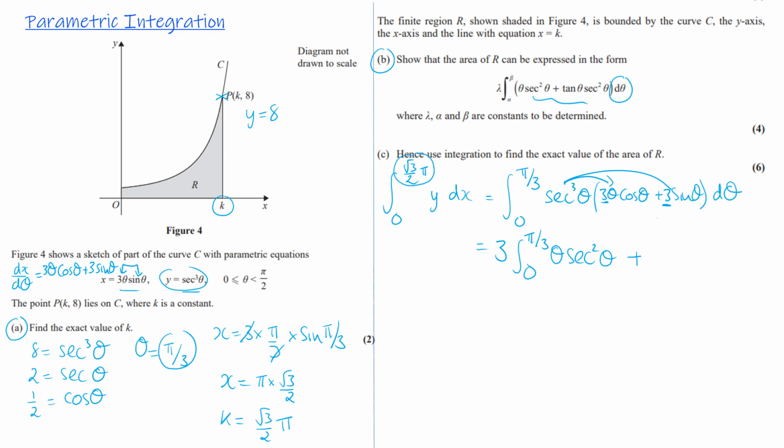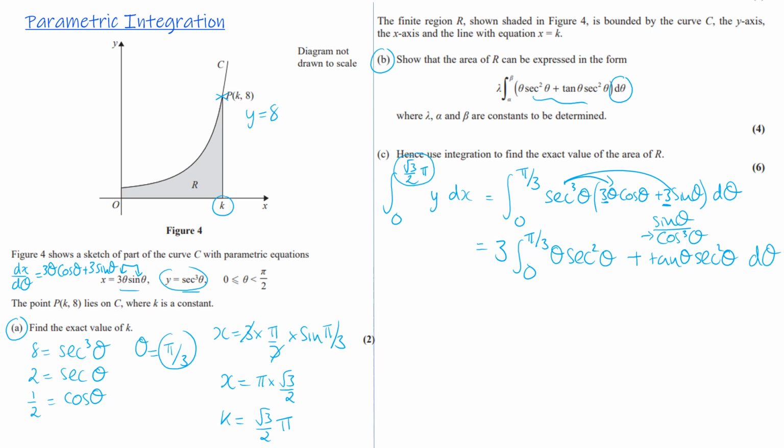So you've got sine theta over cos cubed theta, and one of those coses can act with the sine to make a tan theta, and then you'll have cos squared left on the bottom, which is sec squared theta.